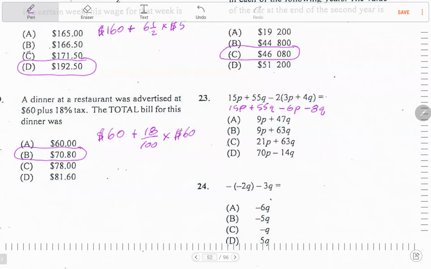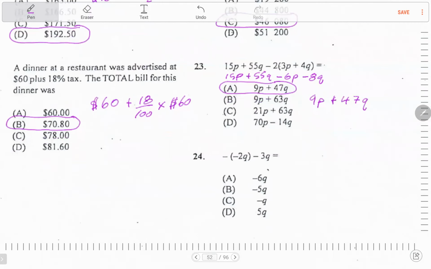So 15 minus 6 is 9p, and 55 minus 8 is 47, so you get 47q. So 9p plus 47q, the answer is A. So just expanding and collecting like terms.